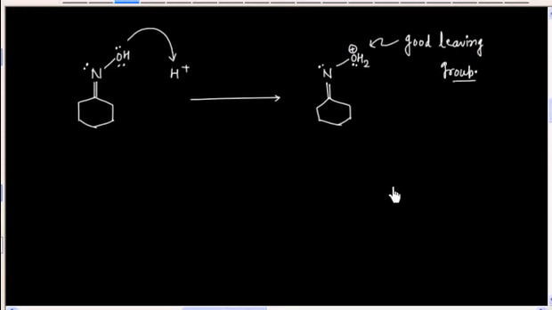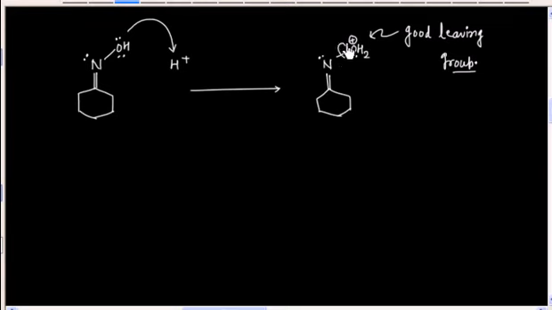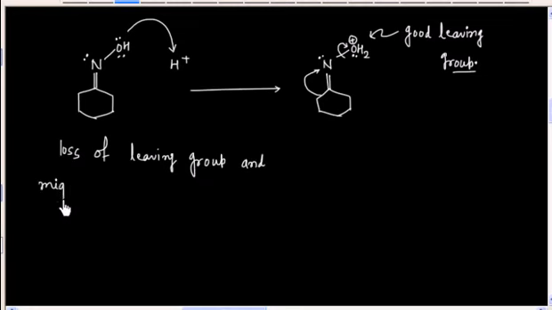So in the next step, we will have loss of leaving group, and at the same time we will have alkyl migration. So loss of leaving group and migration of alkyl group occurs at same time.